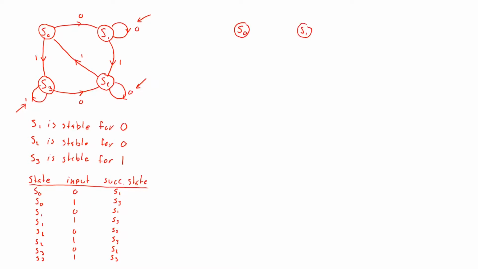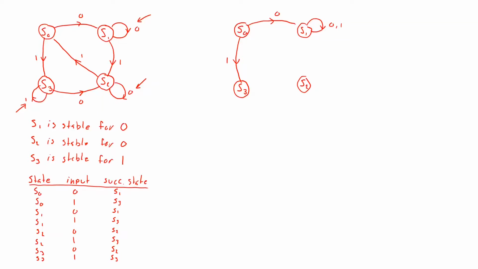We look at a similar graph to what we had before with 4 different states, S0 to S3. With a 0 we go from S0 to S1, and with a 1 we go to S3. From S1 with both a 0 and a 1 we stay in the state S1.